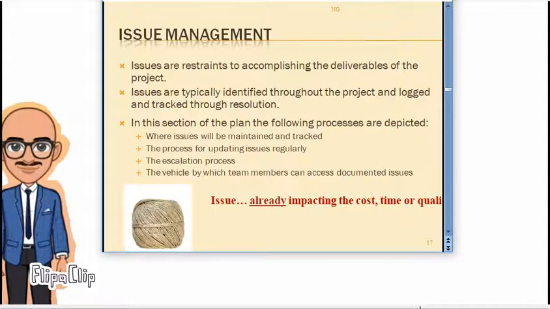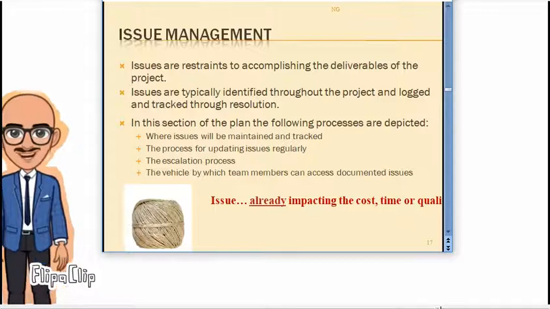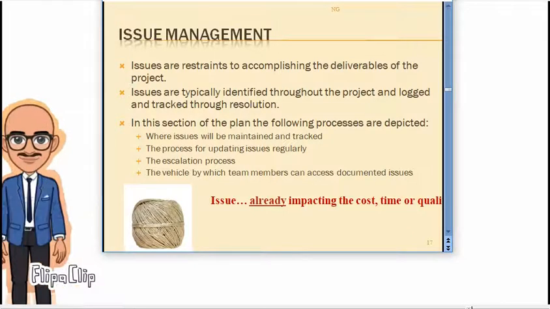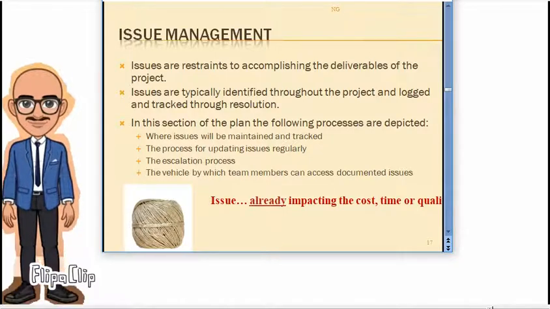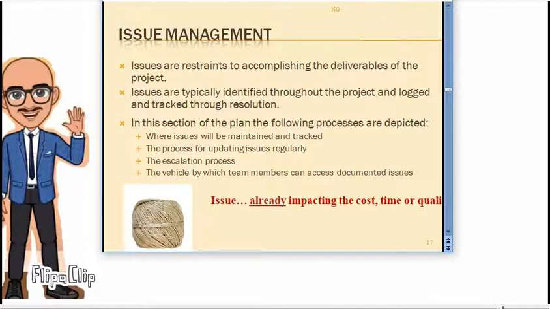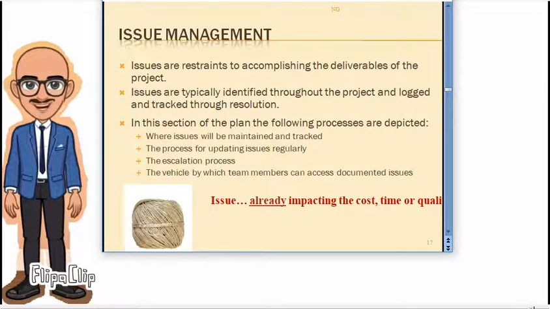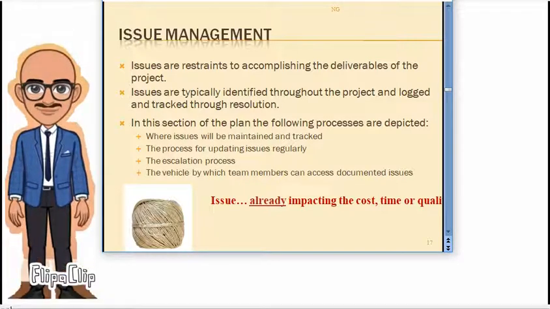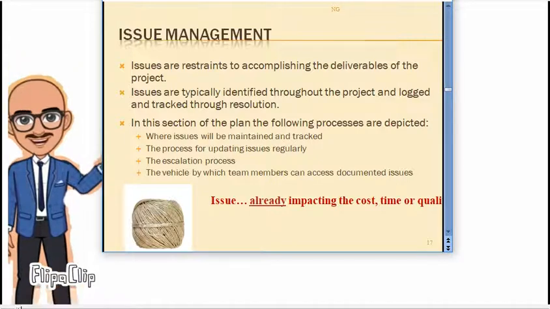And the vehicle by which team members can access documented issues, meaning how the documented issues can be resolved before they appear. Those things have to be prepared beforehand. While planning, if some issue comes up, how those issues can be solved should be kept in mind and properly documented.